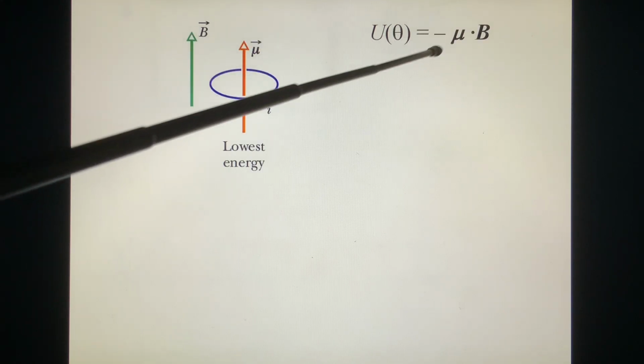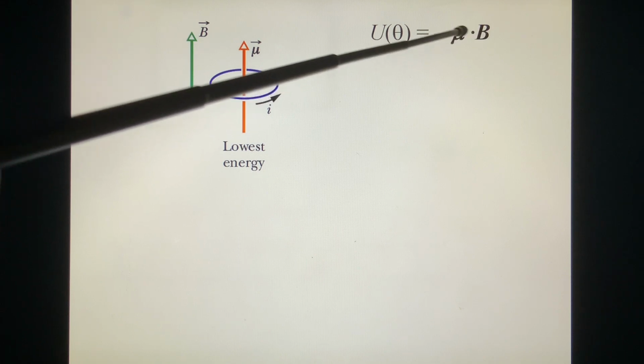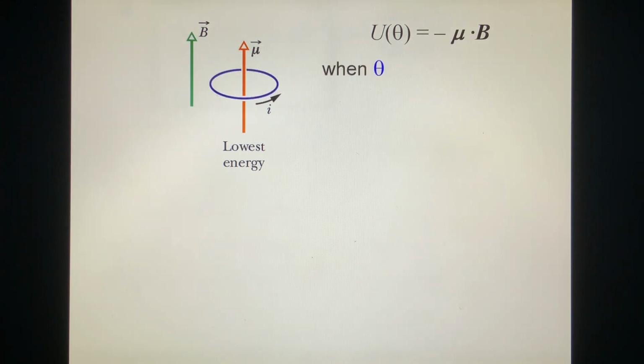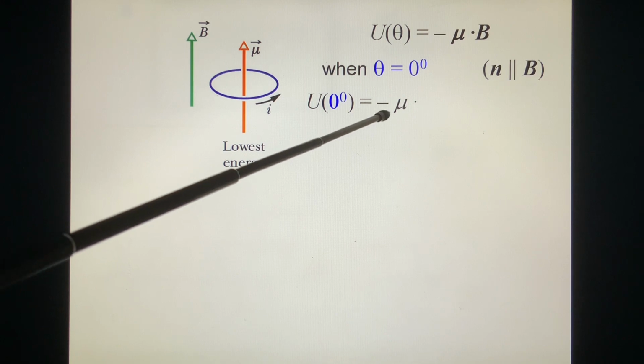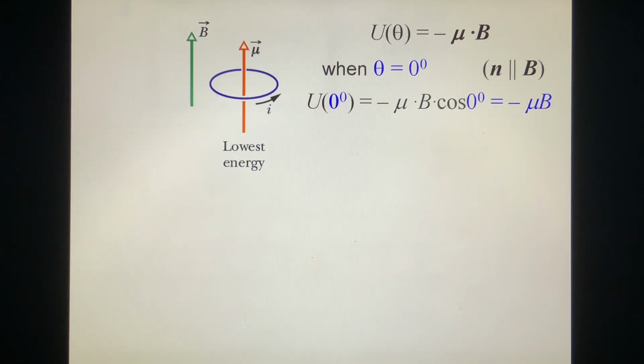Now, when mu is parallel to B, the dot product is maximum, so you have minus, the lowest energy. From the energy conservation point of view, it's more stable. In this case, the potential energy of the magnetic dipole is the lowest.